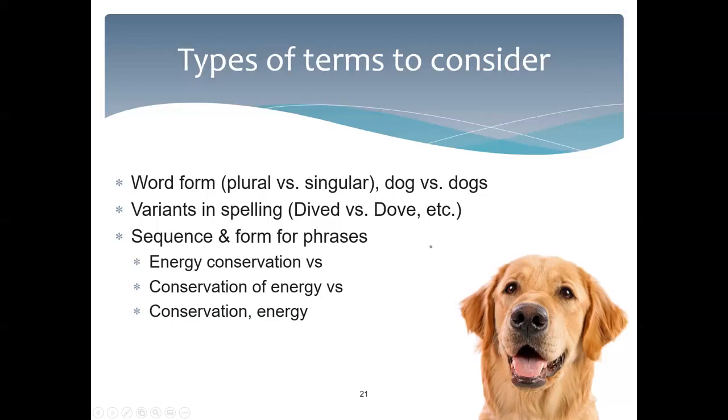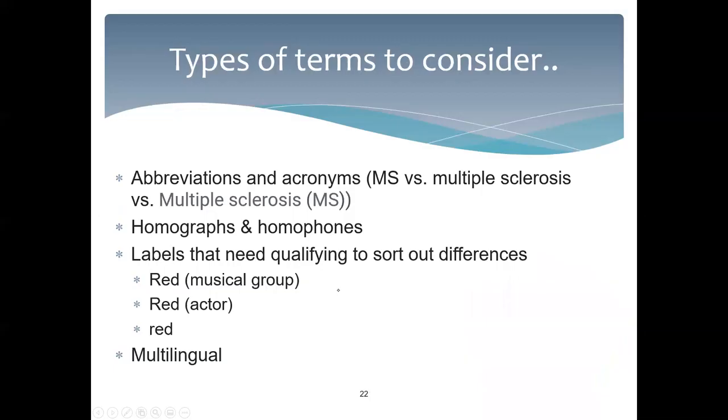And you'll see energy conservation, and then you'll see conservation of energy, and then you'll see conservation, comma, energy, because different people just think of how that phrase should be structured differently. So that'll be something to consider if you have phrases. What is going to be your best practice for how you would choose that preferred term? And then applying it across your vocabulary so it's the same.